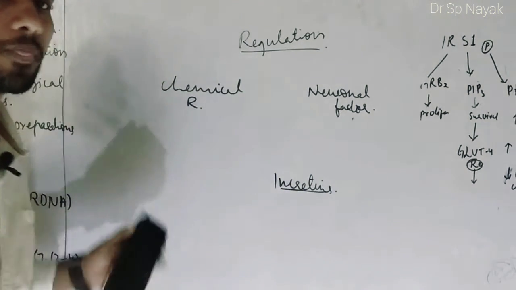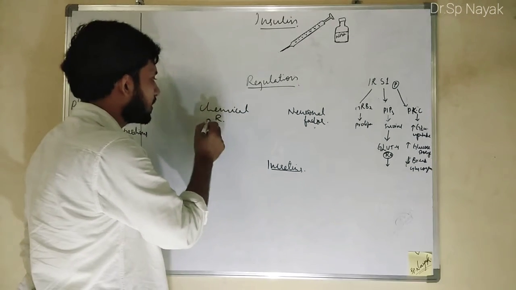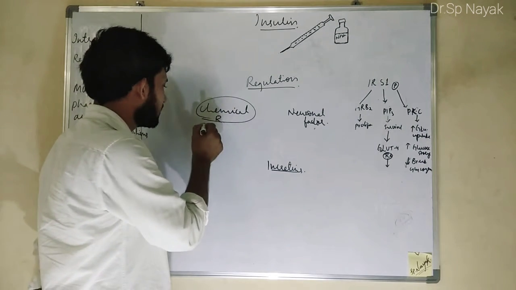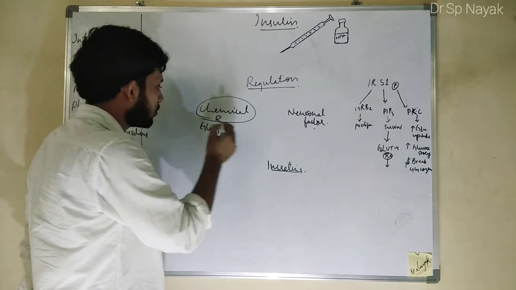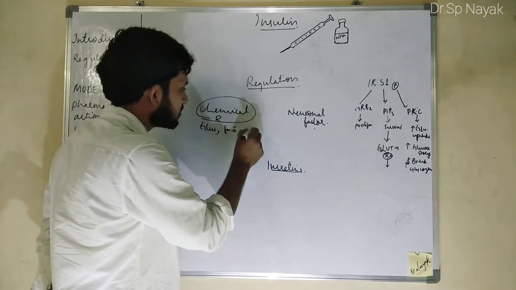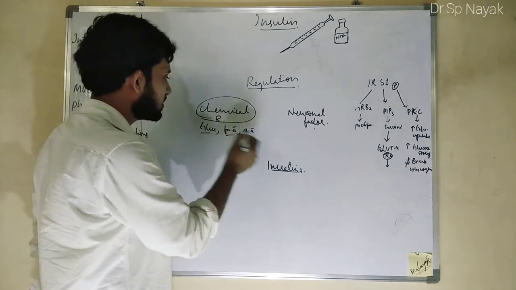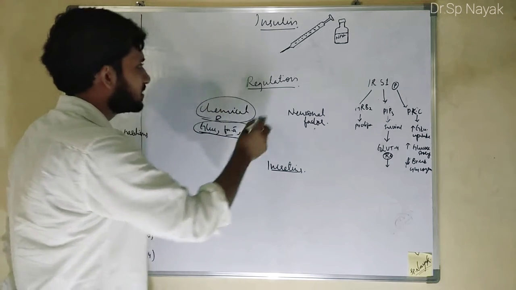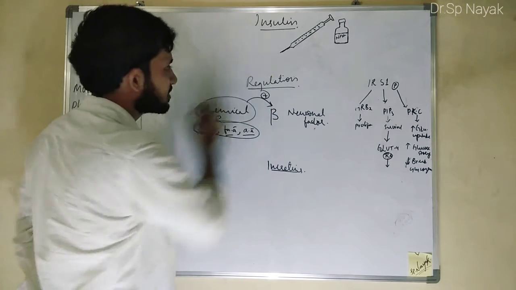So listen carefully. Insulin is especially regulated by chemical factors. That means when a person's blood increases the levels of glucose, fatty acids and amino acids, all this influences the beta cells in the pancreas to increase its synthesis.